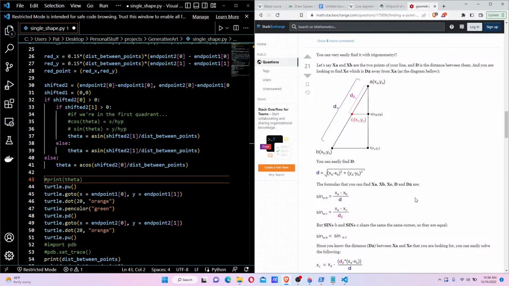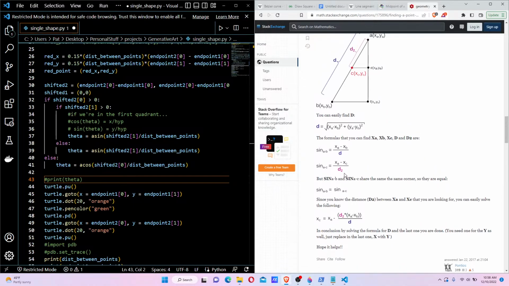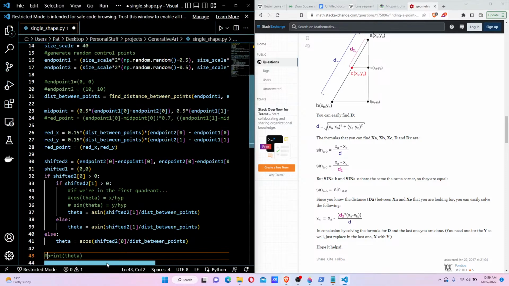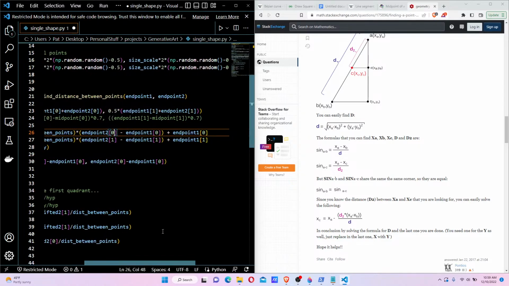D2. So how do you get C if you know A and B? You're looking for x sub C, which is D2 over D. So yeah, the ratio of the points, which in my case is just 0.15, x sub A, so the x point of A minus the x point of b, multiply that by the distance, subtract it from endpoint 0.